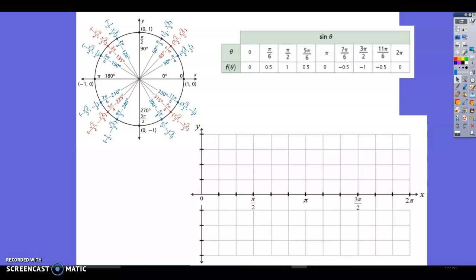So looking at the table, this is the table we were given in task 1, I believe, or at least one of the tasks. And first, remember that the cosine and the sine come from your x and y values. So they're your exact points. If you have an ordered pair, x and y, when we're dealing with the unit circle, it's always cosine of x and then sine of x.